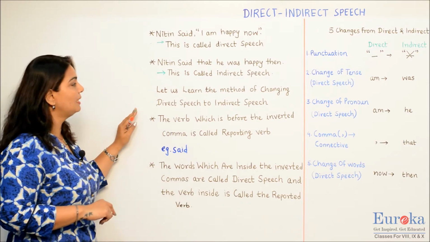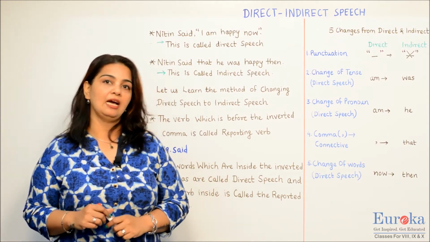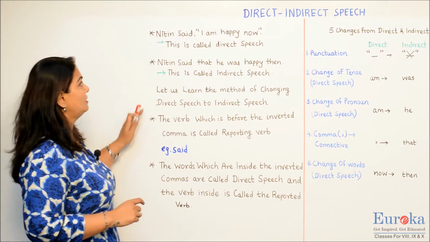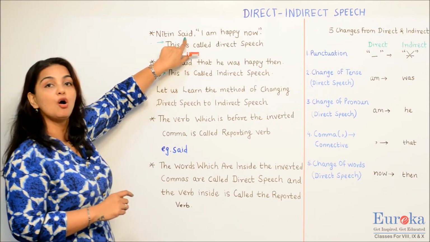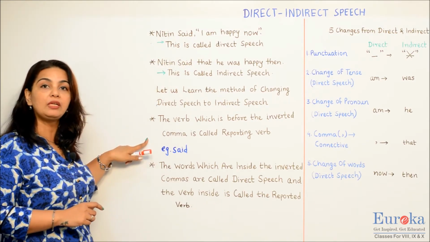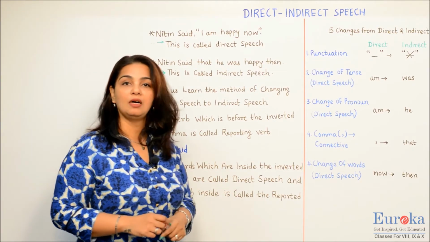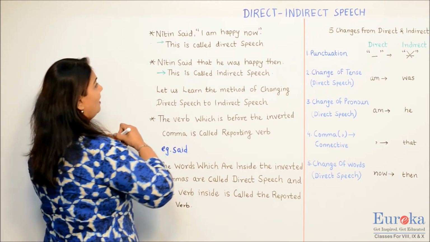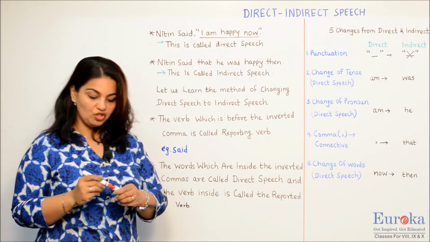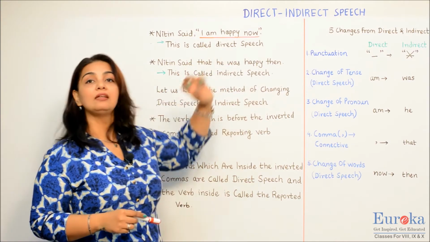Now let's learn the method of converting or changing the direct speech into indirect speech. The verb which is before the inverted comma, that is over here, this is your verb, said, is known and called as the reporting verb. The words which are inside the inverted commas, that means this entire sentence, "I am happy now," are known as the direct speech.